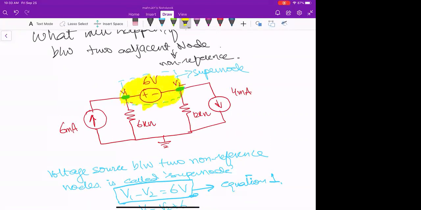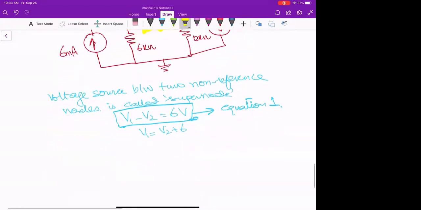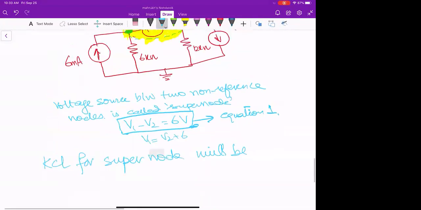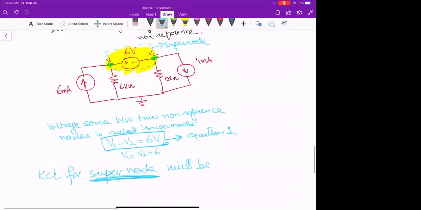And this supernode is V1 minus V2 is equal to 6 volts. So KCL for the supernode will be... once I have written this equation, V1 minus V2 is equal to 6 volts, I will take it as a supernode, okay?